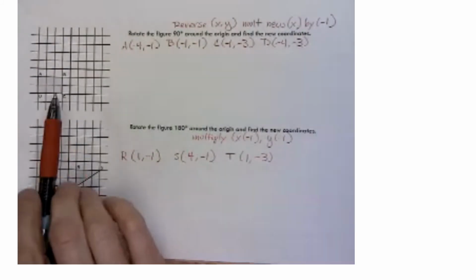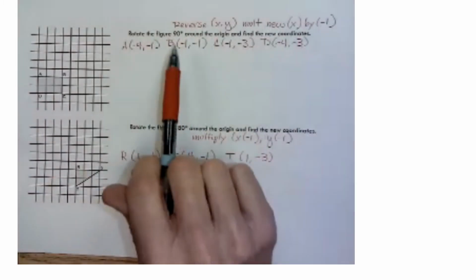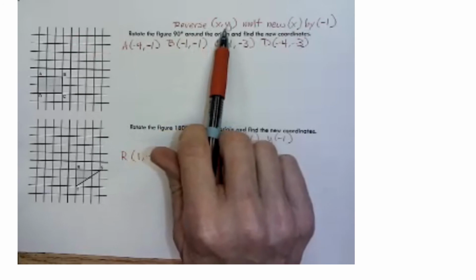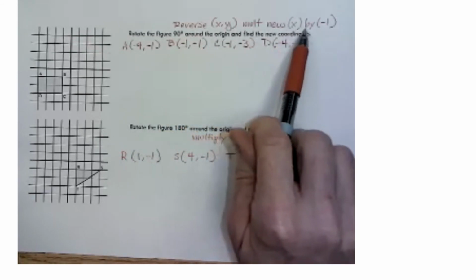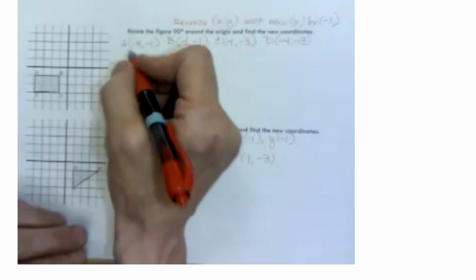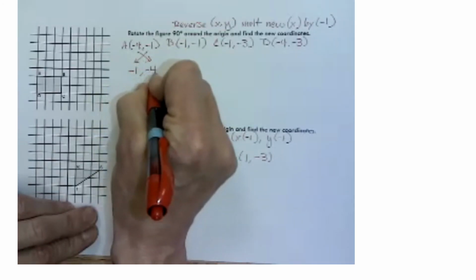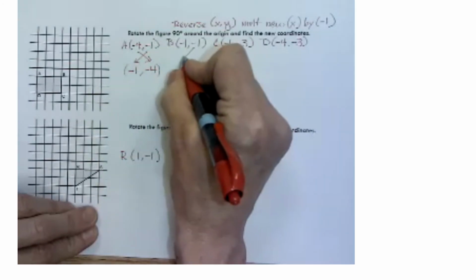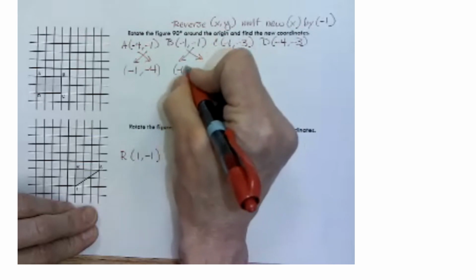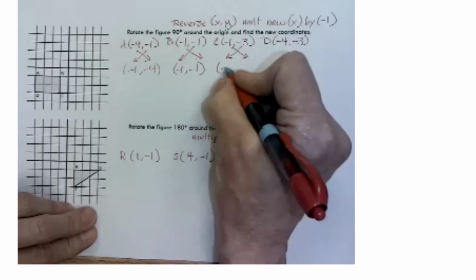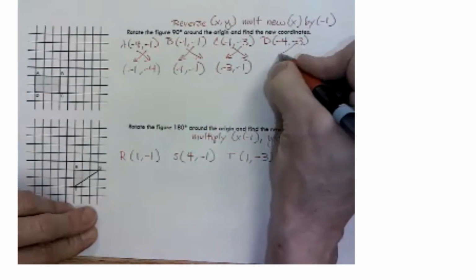Let's go ahead and rotate this figure 90 degrees. So remember, with a 90-degree rotation, we're going to reverse the x and y terms, then we're going to multiply the new x by -1. So let's go ahead and reverse the order of our terms, so that means we're switching them. And for our C, this now means -3, -1.